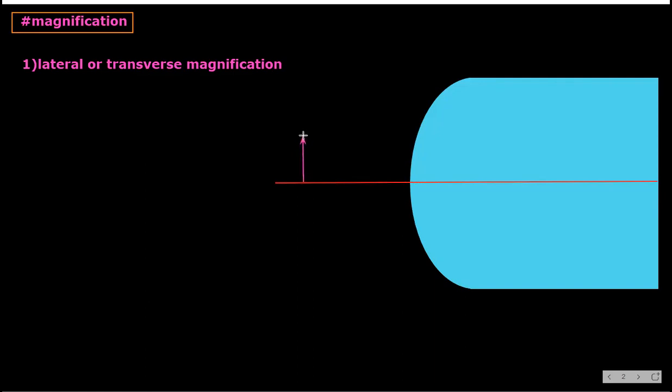This is the object and its height is h naught. You can draw the diagram with me. You can draw, right? This object you can see, its height is h naught. Understood, right.